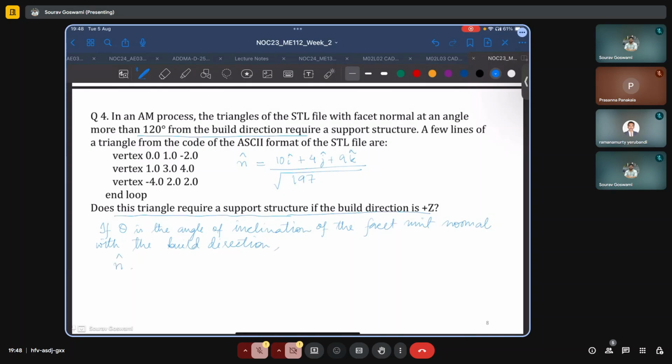The dot product of n with the build direction, which is represented by k hat, will equal norm of n times norm of k times cosine of the angle contained between them.